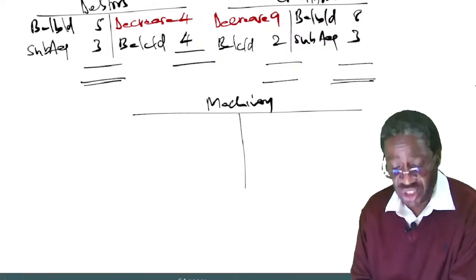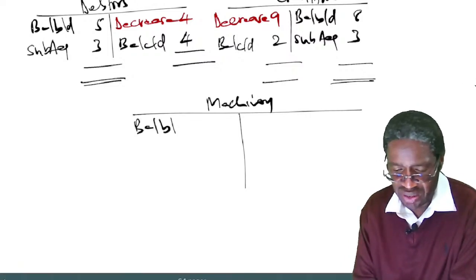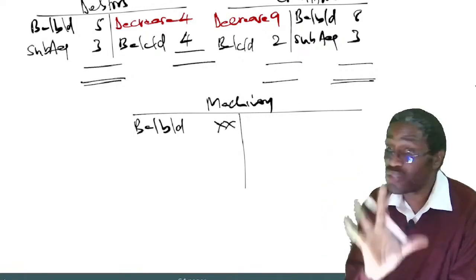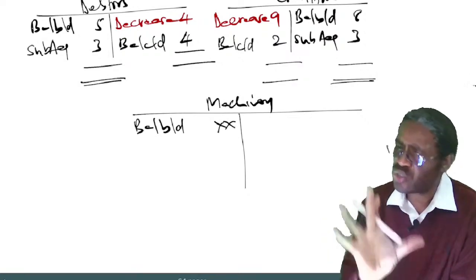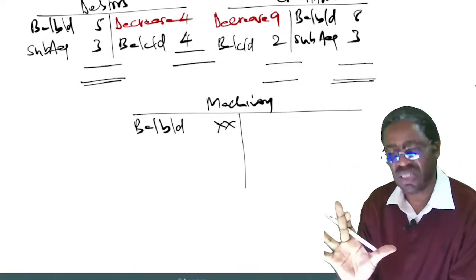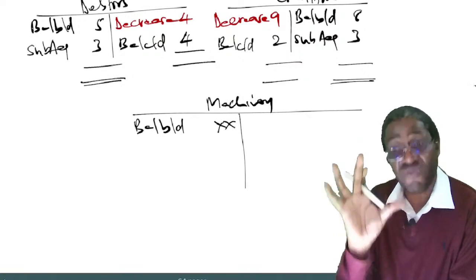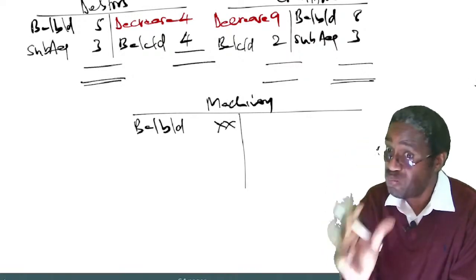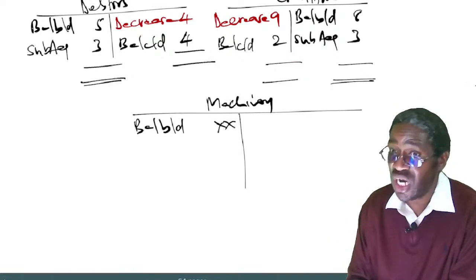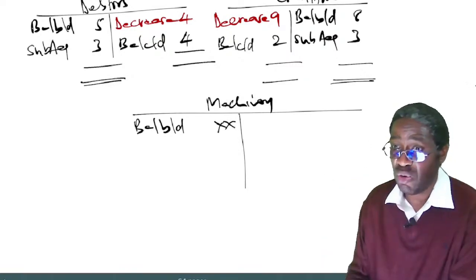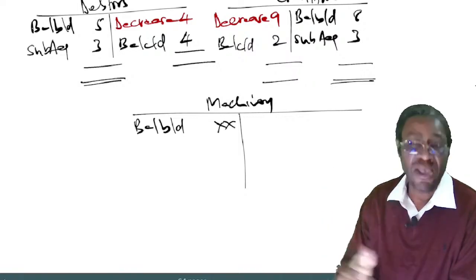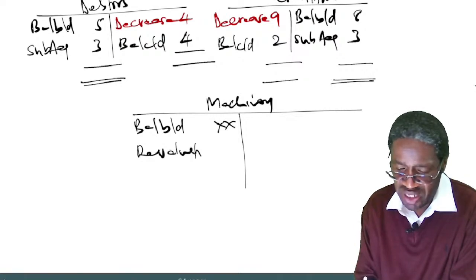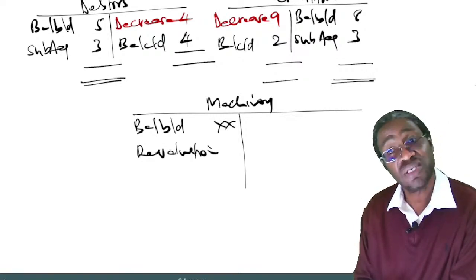You will go to the balance sheet of last year, bring down the balance, whatever it is, then go through the question. That's what you used to do. Go through the question looking for anything that affects machinery or a fixed asset. It could be that during the year, you revalued some of your fixed assets or machinery, maybe upwards. When an asset is revalued, you normally debit the asset and credit revaluation.